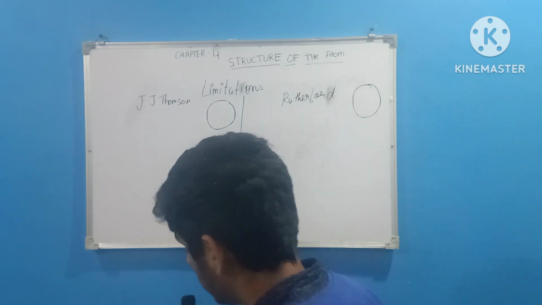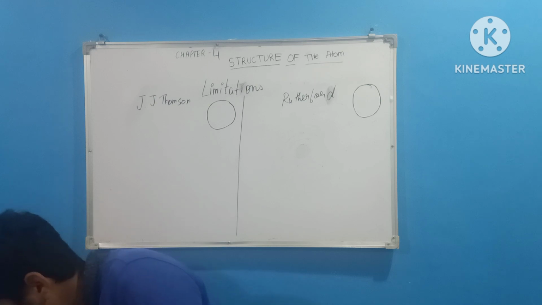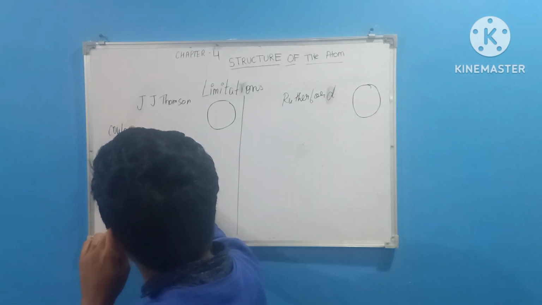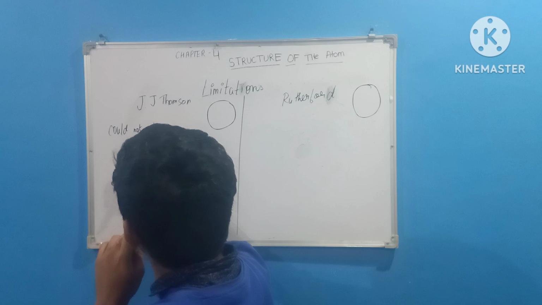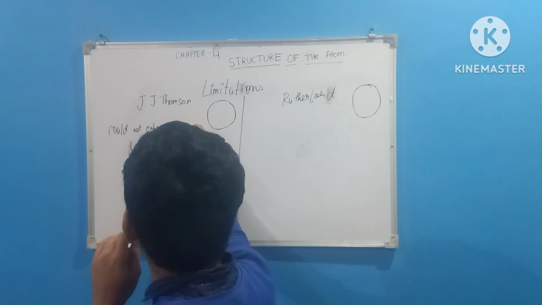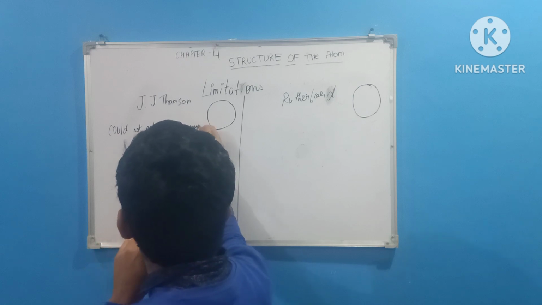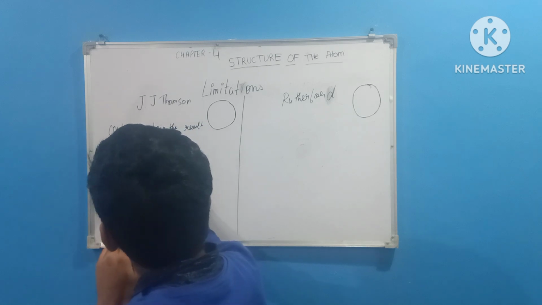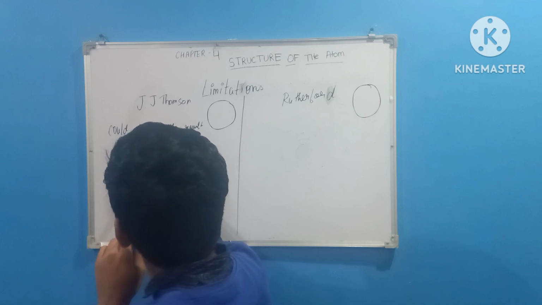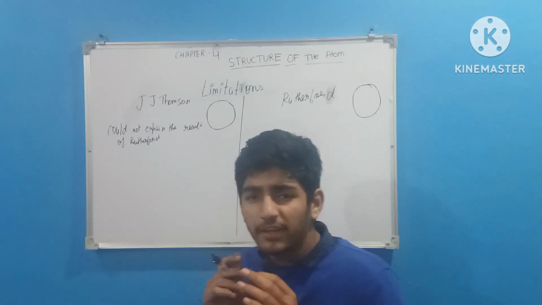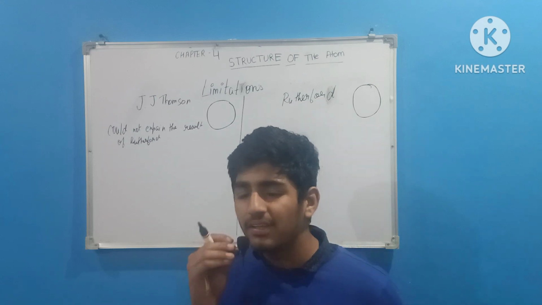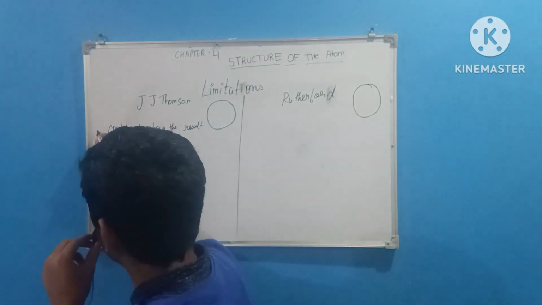Limitations of J. J. Thomson are that he could not explain the results of the Rutherford scientist. That is the first point.